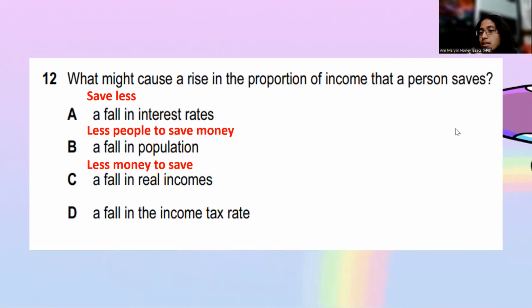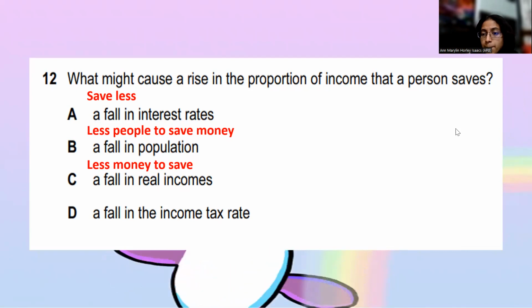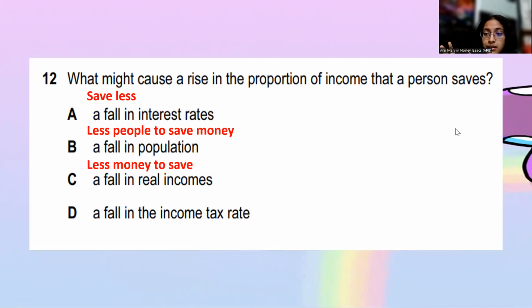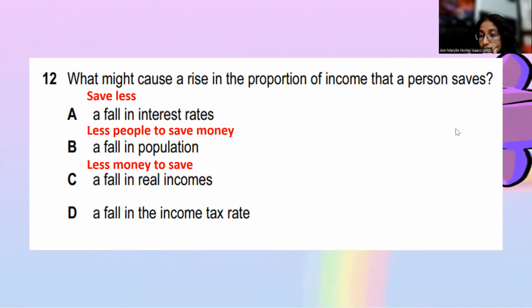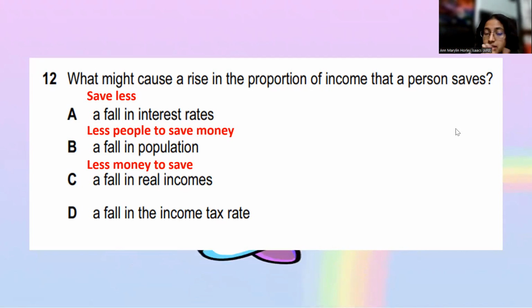So say that the firm now pays you only 800. You don't really have a choice because everybody is downsizing. Can you save 300? Can you be stubborn and say, no, I want to save 300 ringgit? You can't because your expenses are 700 ringgit. So you can only save 100 at very best. Okay, so there's less money to save.